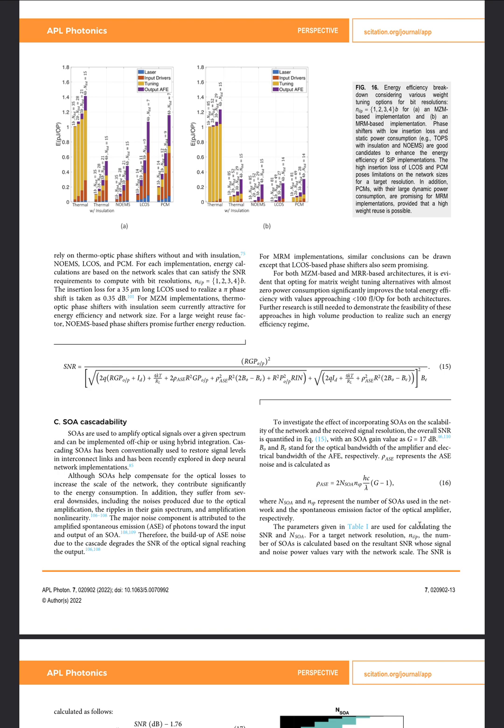The buildup of amplified spontaneous emission noise from the cascade degrades the signal-to-noise ratio, and the more semiconductor optical amplifiers there are in a network, the more amplified spontaneous emission noise, which is not good. The higher the spontaneous emission factor of the amplifier, the more amplified spontaneous emission noise as well.